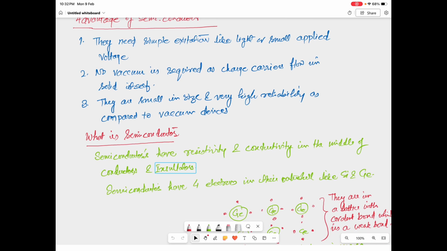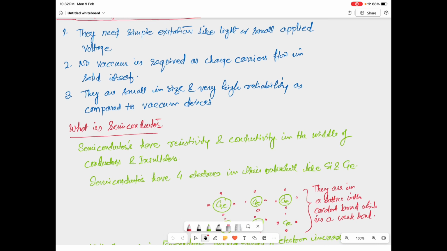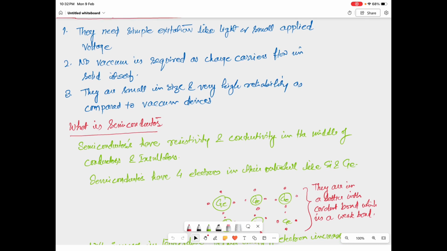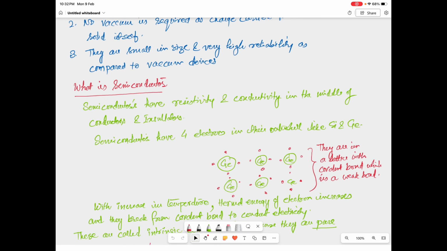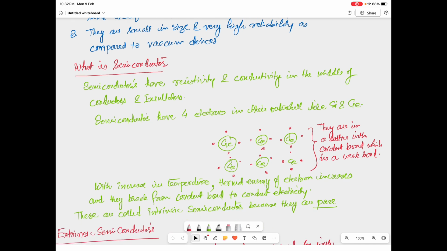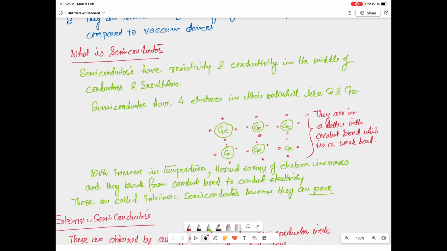So what is a semiconductor? As the name suggests, it is in between insulators and conductors. Their resistivity and conductivity lie in between those of insulators and conductors. Basically, the group four elements of the periodic table come in this category, especially silicon and germanium.